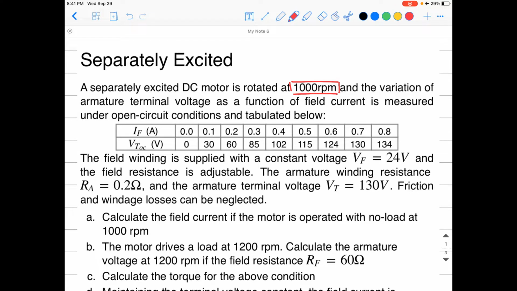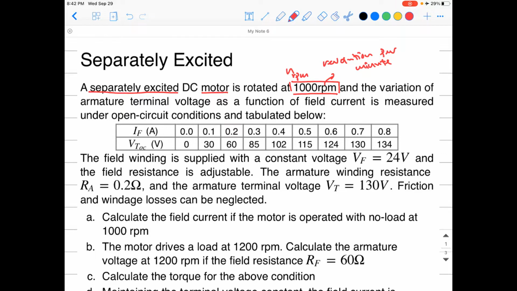Number one, we're trying to know what kind of connection we have, so that's separately excited. And if there's a motor or a generator, that's good information. So he's giving you a motor with separate excitation, rated at a speed of 1000 RPM. RPM means revolutions per minute.